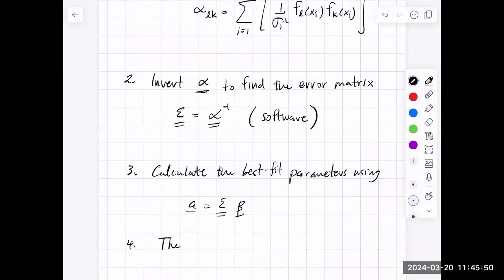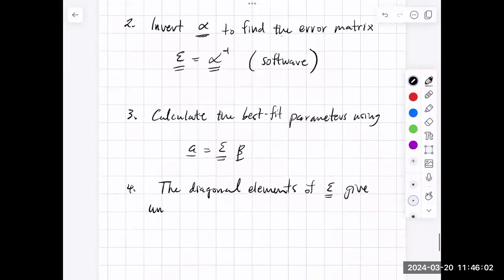So the diagonal elements of epsilon give the squares of the uncertainties in the parameters.